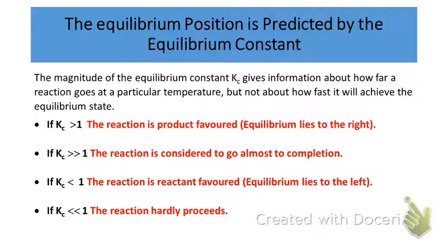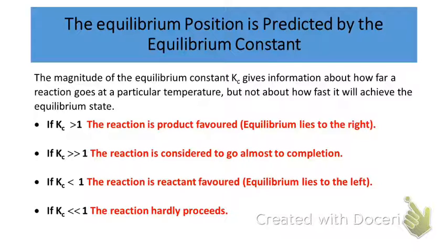However, if the reverse process is more favorable thermodynamically, then when the process reaches the equilibrium state, there's going to be a higher concentration of reactant than product. Okay, so that should recap from lesson 1. Make sure you understand that.